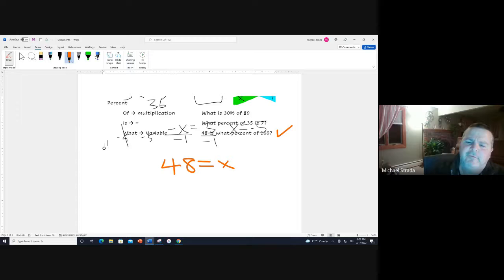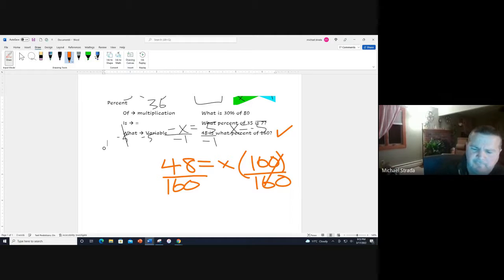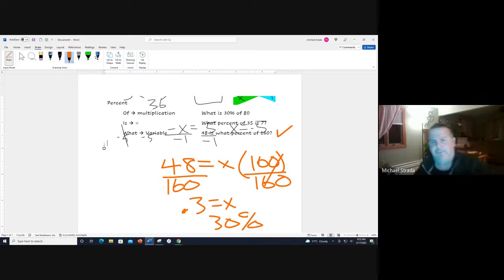Percent of is your multiplication, 160. You would then do 48 divided by 160 to solve for the x. 48 divided by 160 gives you 0.3. And remember, when you turn it into a percent, you have to move it 2 places, so 30%.